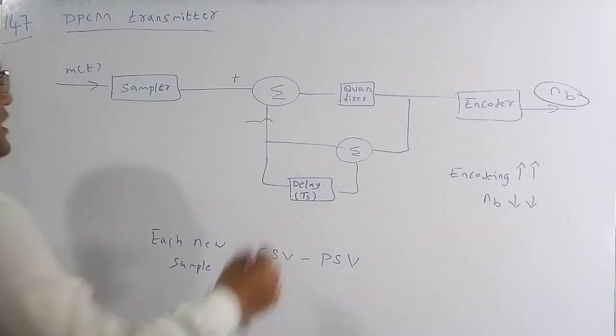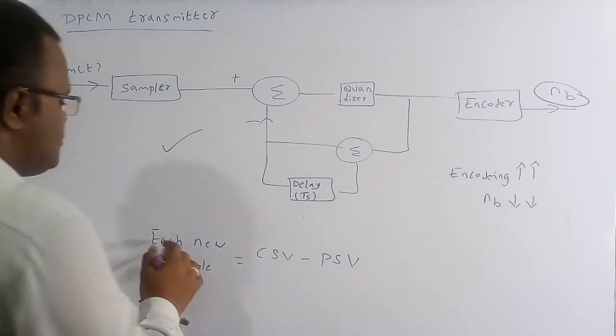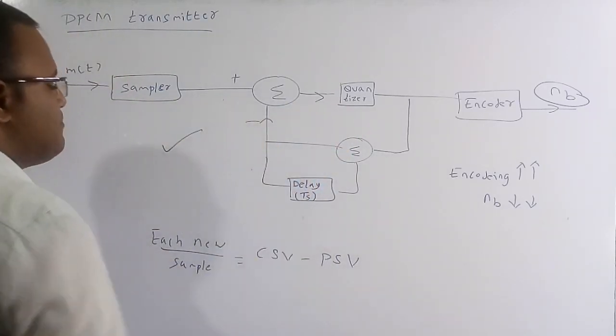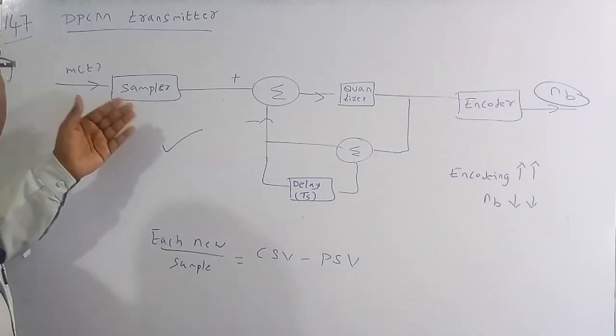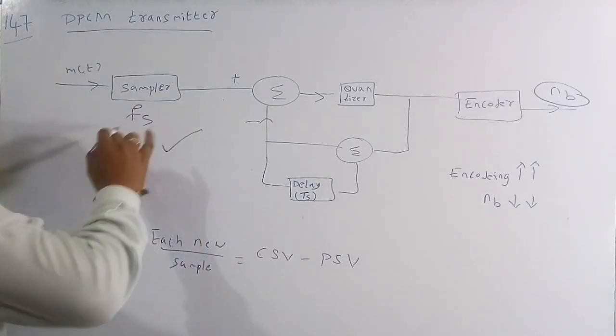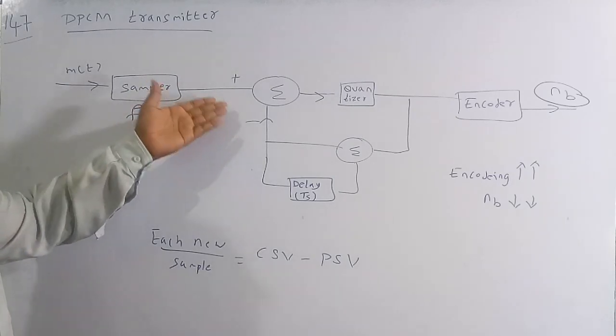I already told you that in the differential pulse code modulation, each new word we get is the current sample value minus the previous sample value. So if the sampler performs more samples, meaning the frequency Fs is higher, then the number of samples we produce is higher.